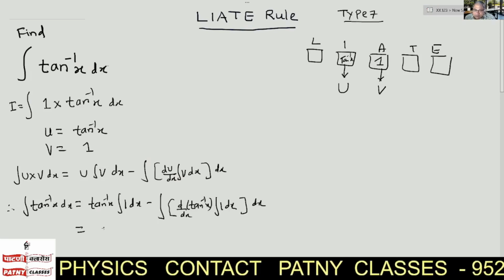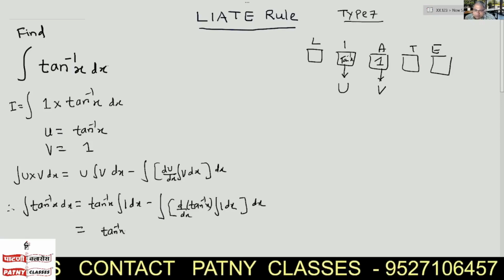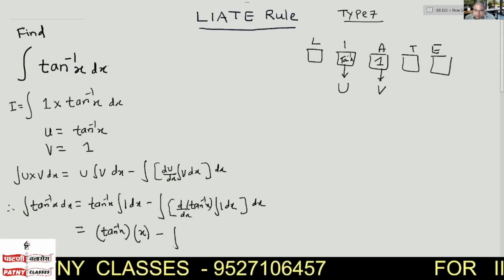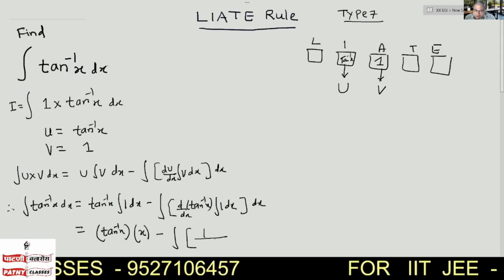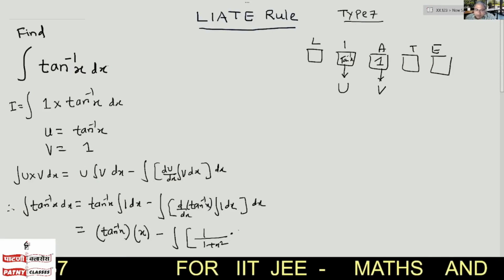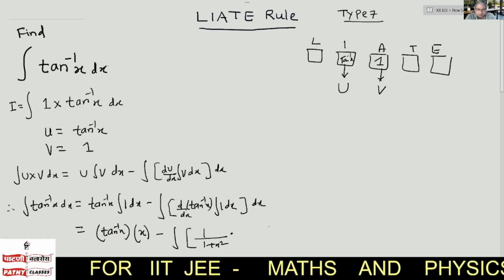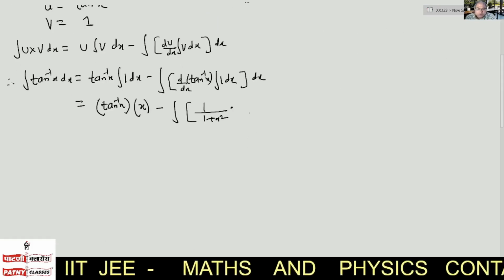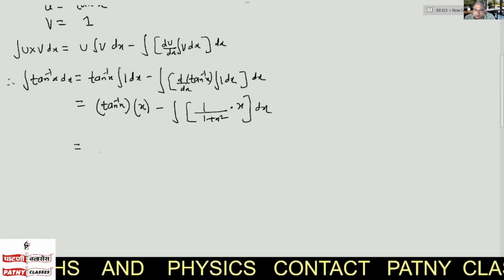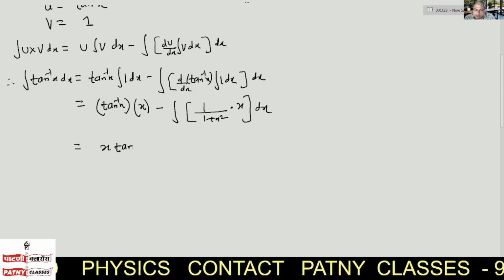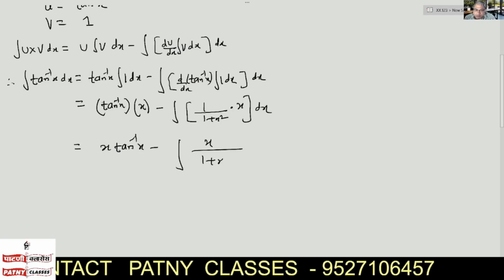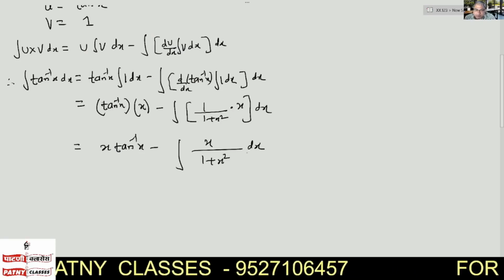This equals tan inverse x, and integration of 1 is x, minus the derivative of tan inverse x, which is 1 upon 1 plus x square, and integration of 1 with respect to x equals x. Now this equals x tan inverse x minus x upon 1 plus x square with respect to x.